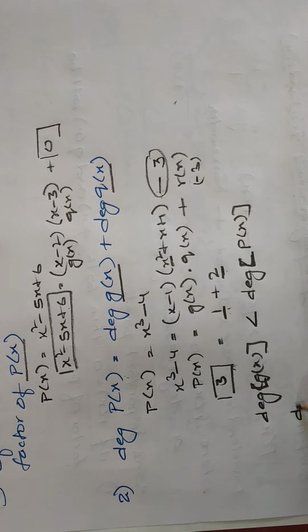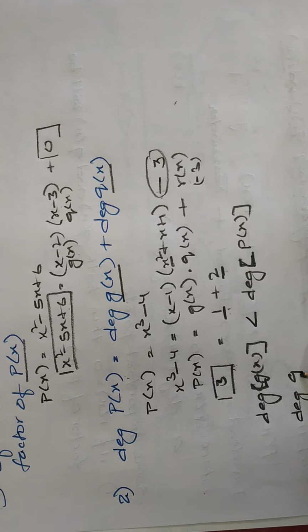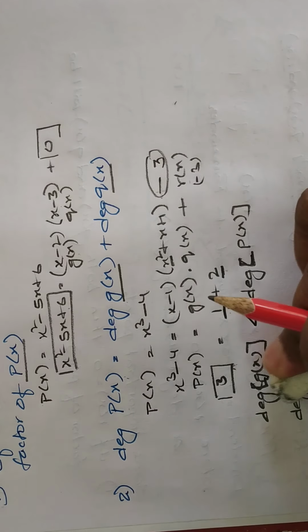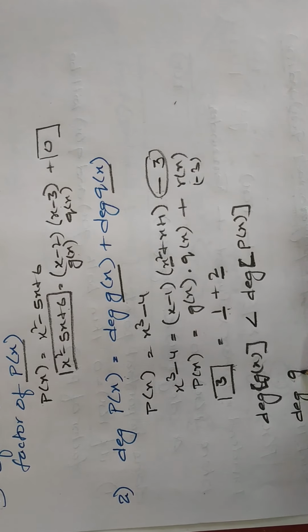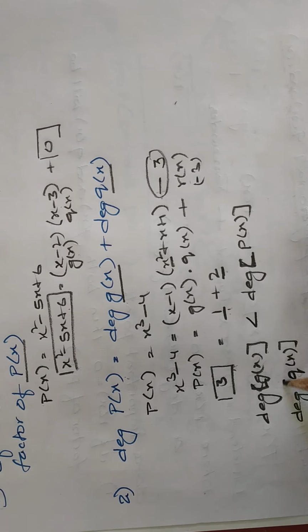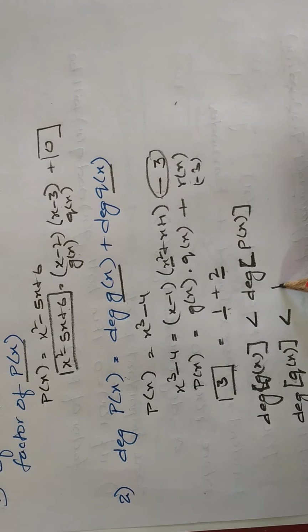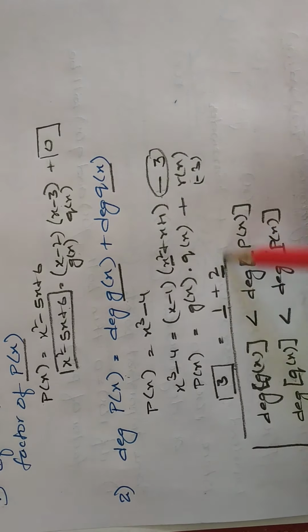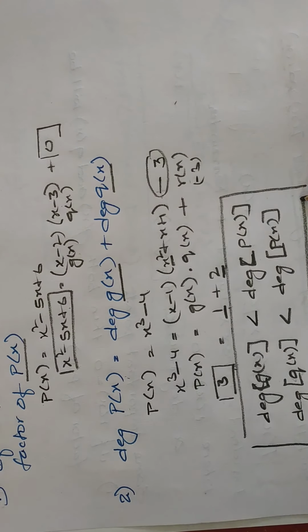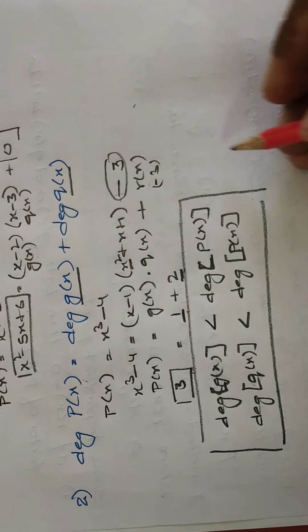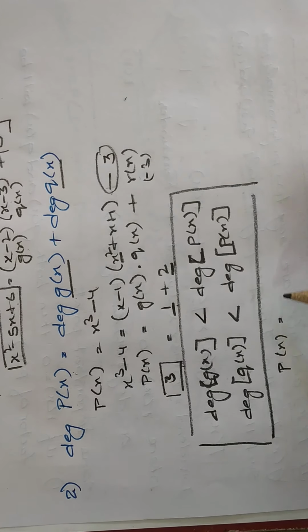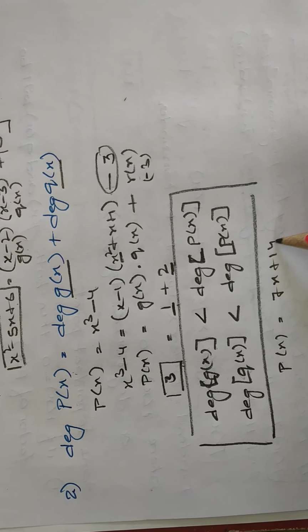And second, we can also write that the degree of q(x), that is the degree of the quotient polynomial, is also less than the degree of the dividend polynomial p(x). So from here we get these two results. Now suppose p(x) equals 7x plus 14.